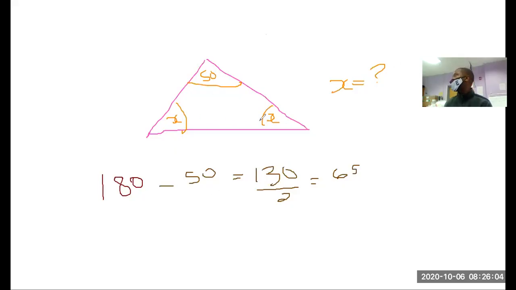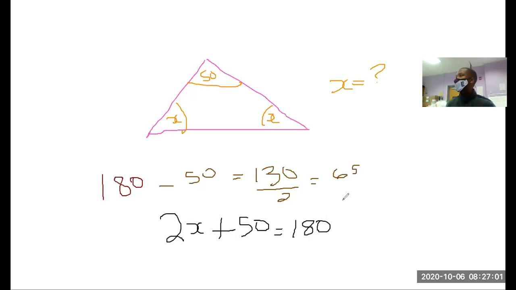We have two x's, so it'd be 2x. So I know these two angles. So 2x plus 50 equals 180.